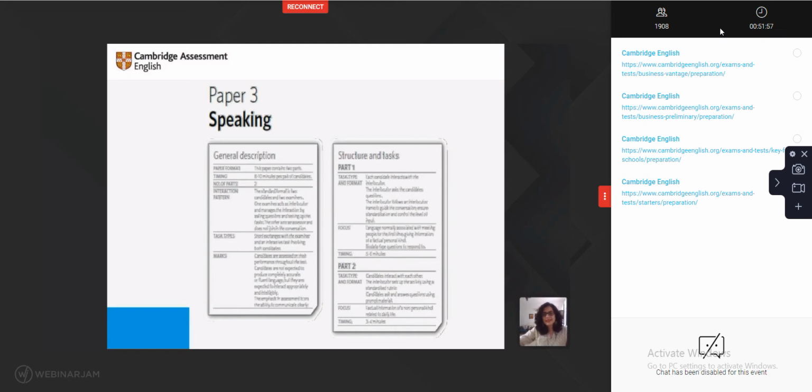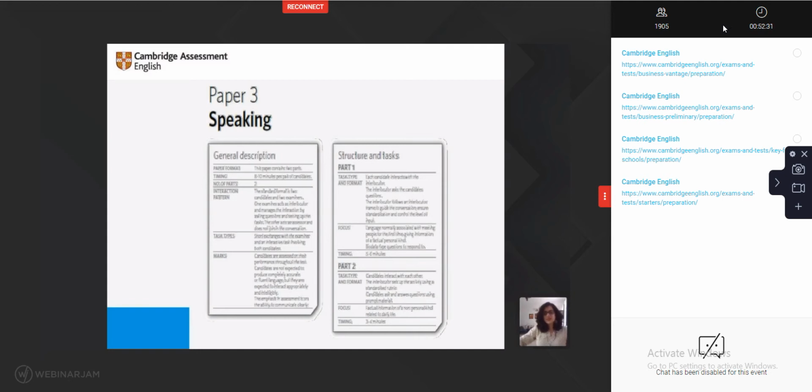So it says that the exam has 2 parts, and then it gives you the description of the interaction pattern, as in what kind of communication they are expecting in that particular exam task, and then the task type. So what does each task type cover and assess, and then how candidates are scored. So the marks, the way they are assessed, and the areas for which they are assessed.